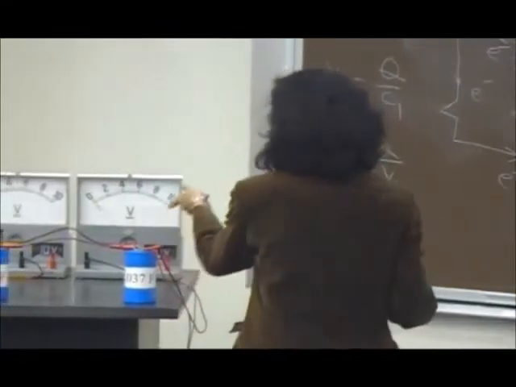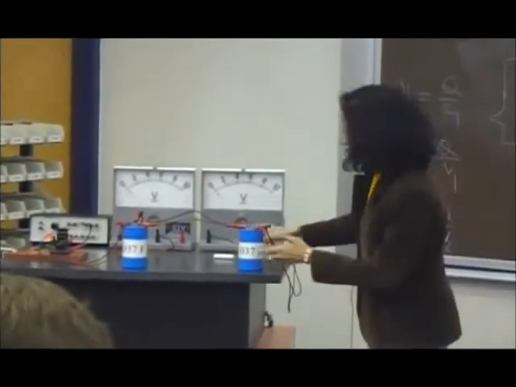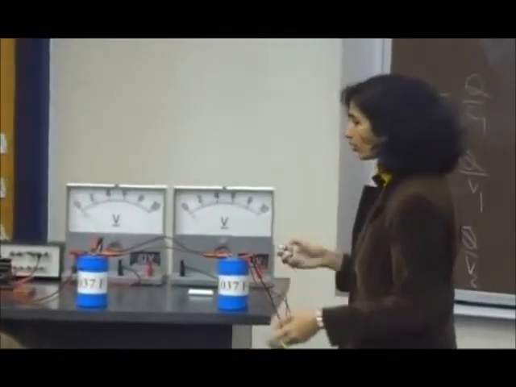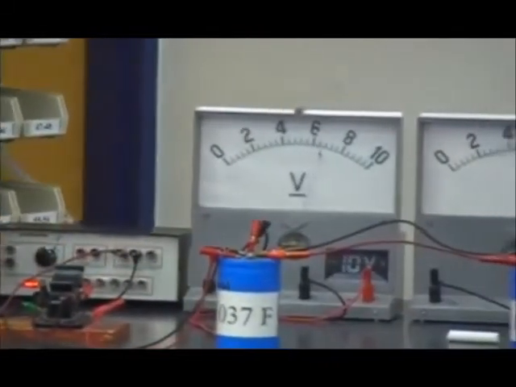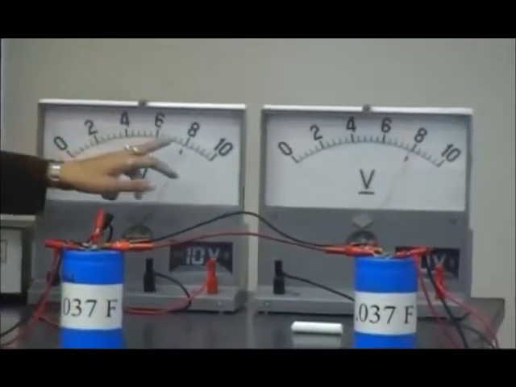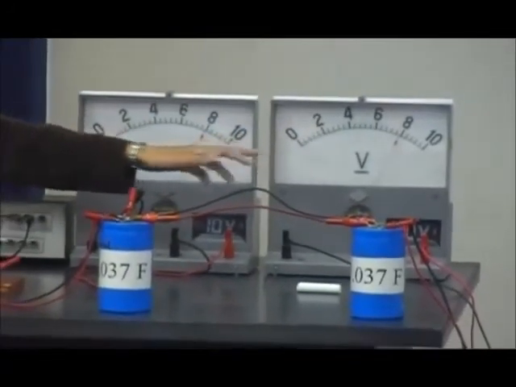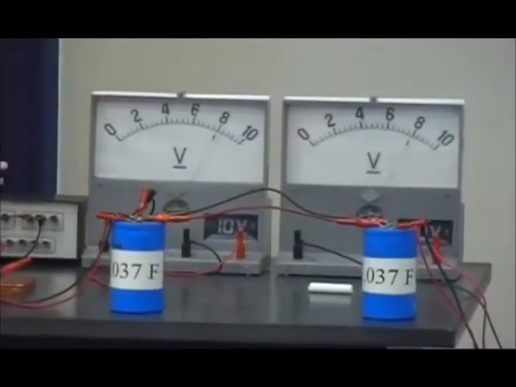Look at this here. These two capacitances are in parallel. Okay, they turn out to be pretty close in voltage. So let's see what happens when you can see that when the current stops, each of them has 8 volts across them, and that is equal to the battery voltage also.